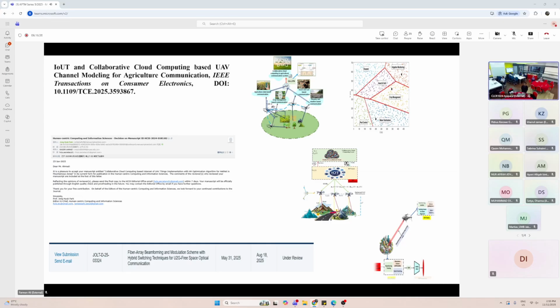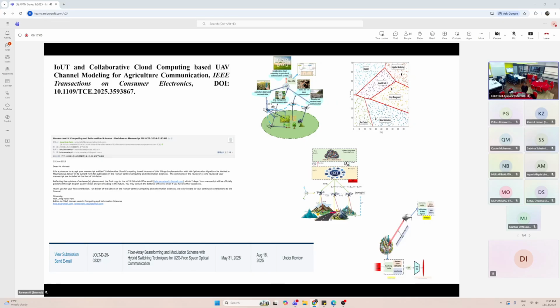Next, to maintain the same idea, we have taken UAV to ground communication for the agriculture scenario and the mountainous area scenario, but with a bit of a shift, applying a free space optics methodology. Why free space optics? We came to know it decreases the latency among the communication links between the ground and UAV.